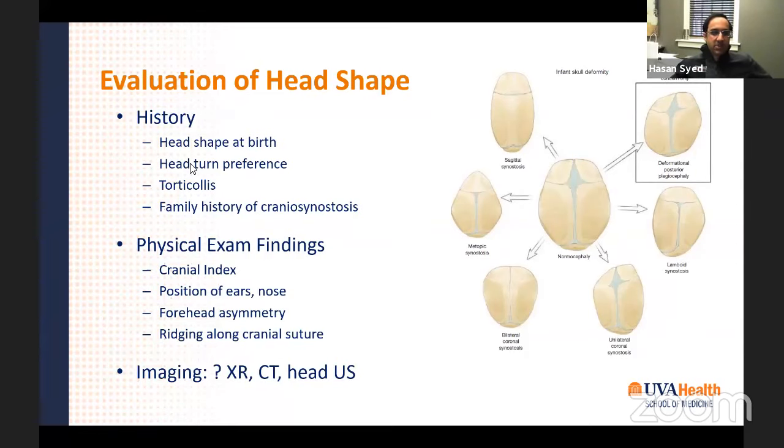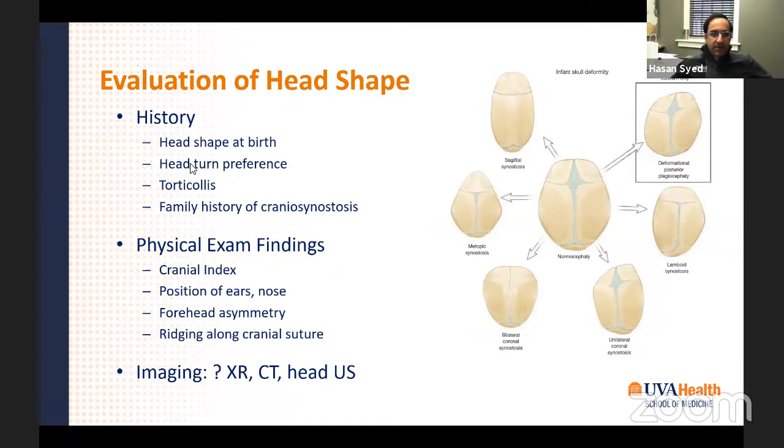It's important to ask about torticollis, which can contribute to the plagiocephaly, and any family history of cranial synostosis. Physical exam findings include the cranial index or cephalic index, position of the ears and nose, forehead asymmetry, and ridging along the cranial sutures, which can indicate premature fusion of sutures, and then imaging studies as well.